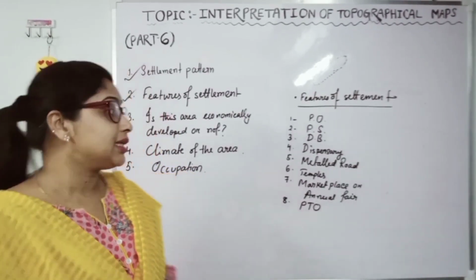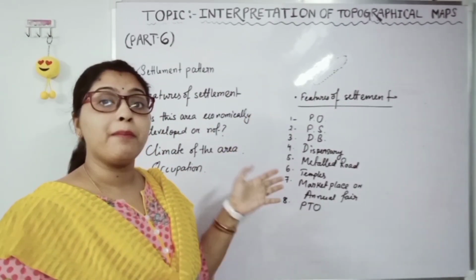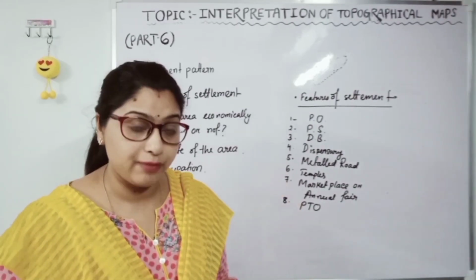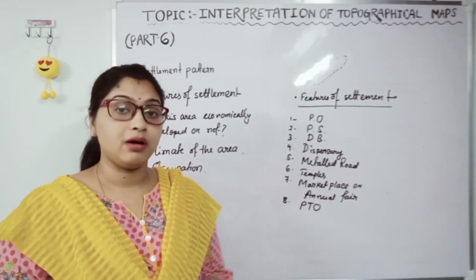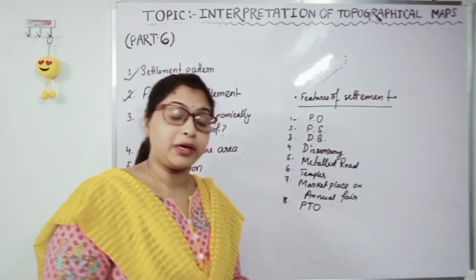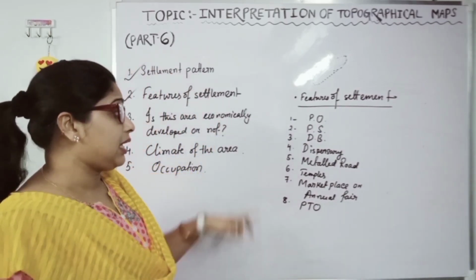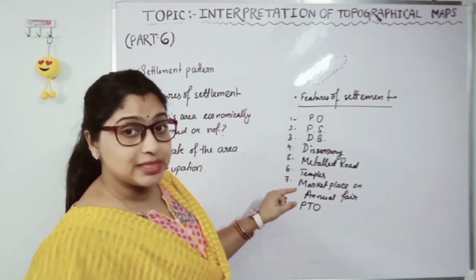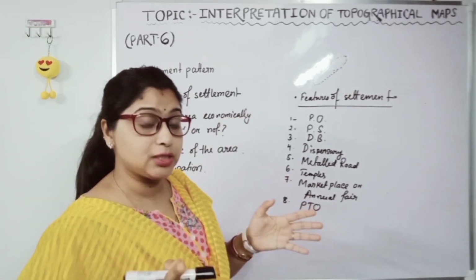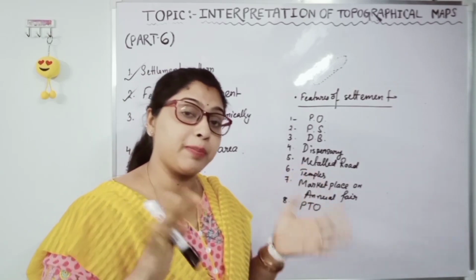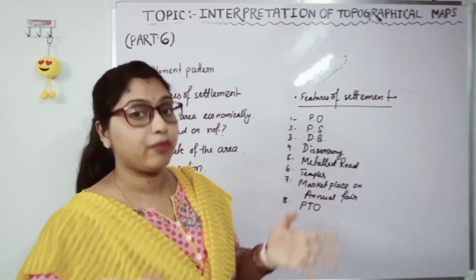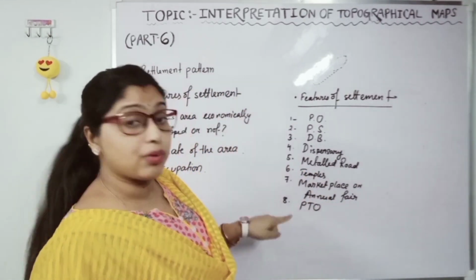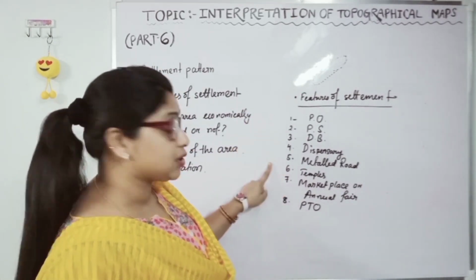In that case, some features play a very important role in deciding which areas are economically developed or not. So first I will tell about these features. We will look at any settlement, whether the people are living close to each other or far from each other, and whether these settlements have these features or not.